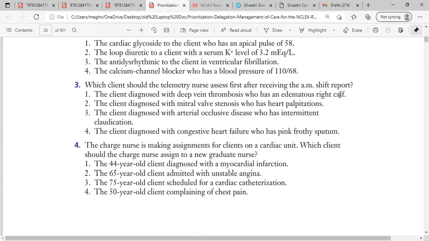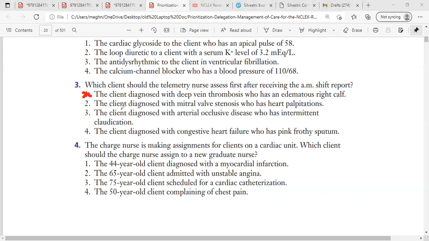Because the nurse would expect the client with a deep vein thrombosis to have an edematous right calf. It is normal, an expected finding, so number 1 is not the answer.